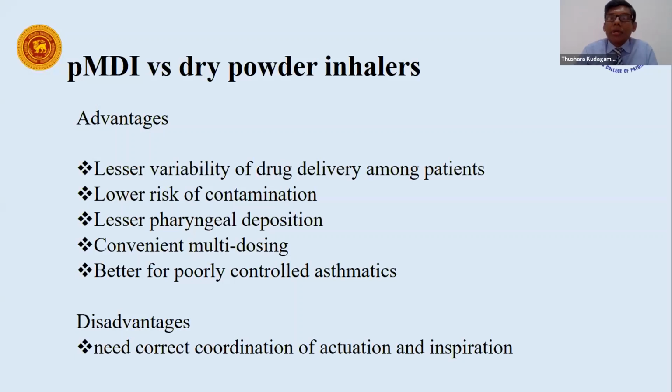It has also been shown to have lesser variability of drug delivery among patients, so whether you are a small person or a bigger child, the variability is less. And because it doesn't need that much peak inspiratory flow, you may use it better in poorly controlled asthmatics. But of course, it has its disadvantage, where you need better coordination of the actuation of the device and the inspiration.